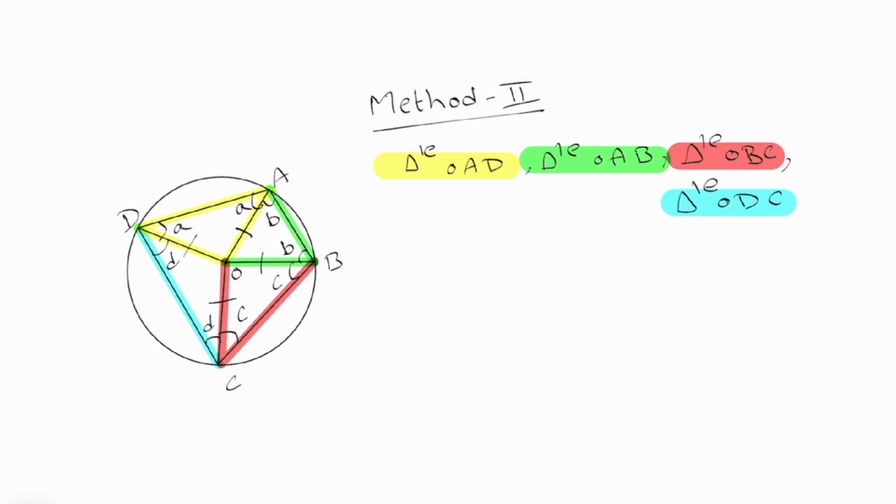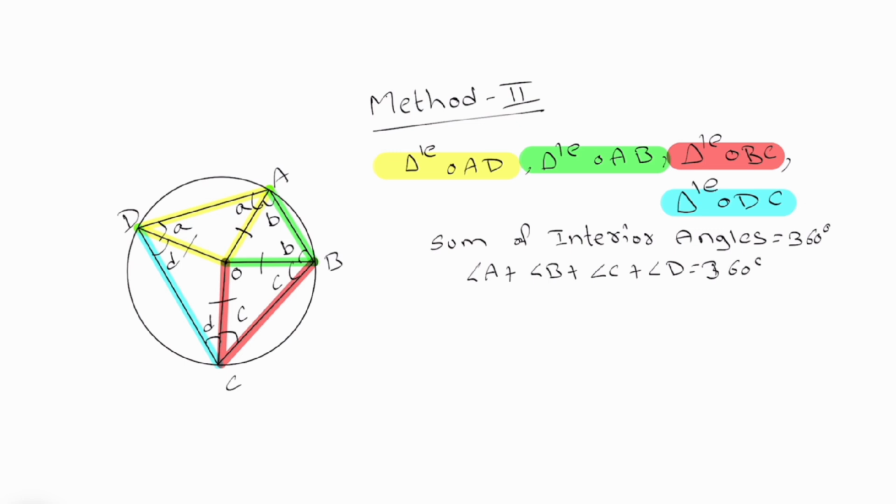Now, if we consider the quadrilateral ABCD, each angle is divided into two angles. We have all the angles now. In a quadrilateral, the sum of all the interior angles is equal to 360 degrees. So, angle A plus angle B plus angle C plus angle D is equal to 360 degrees. As we already said, each angle is divided into two parts.